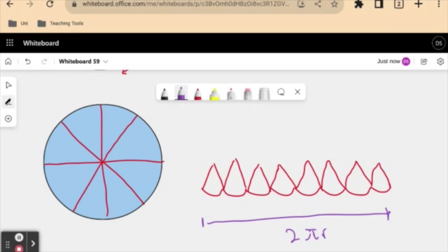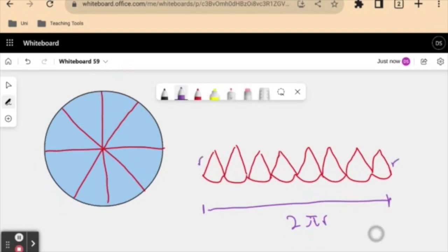And each of these little slices, these little straight bits here, are just our radius. Here, here, here, here. For example, these two here correspond to these two here. So we can say that all of these are a length r.